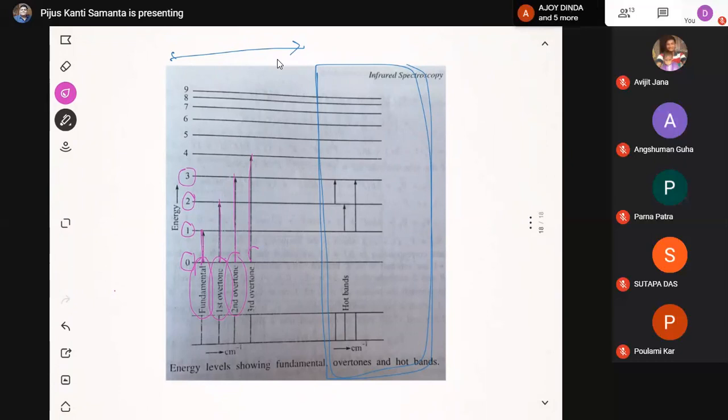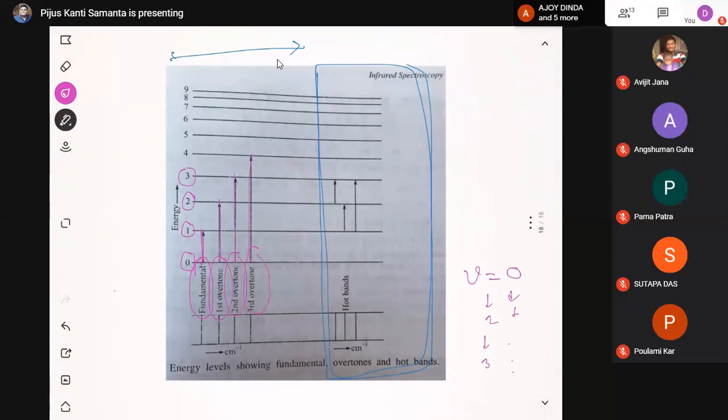But in all these cases, we have considered only the transition from v equal to 0 state. That means from the ground state, from v equal to 0 to v equal to 1, v equal to 2, v equal to 3, and so on. That means the overtones are there. Then, what about the case if a molecule jumps from, say, v equal to 1 to 2, or v equal to 2 to 3, 2 to 4, etc. So let's discuss that.